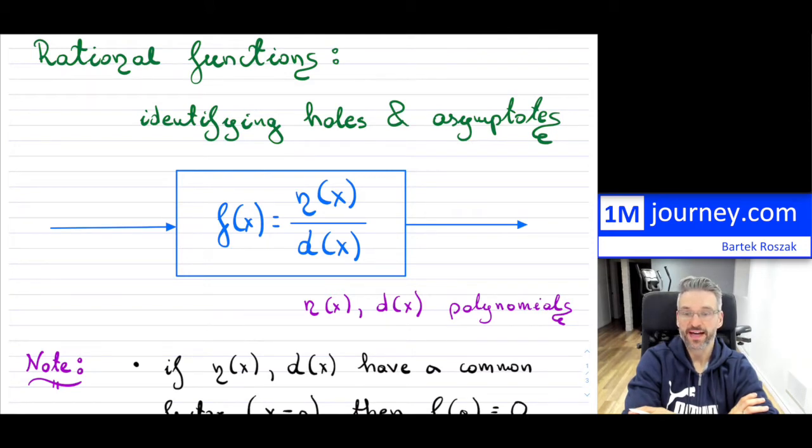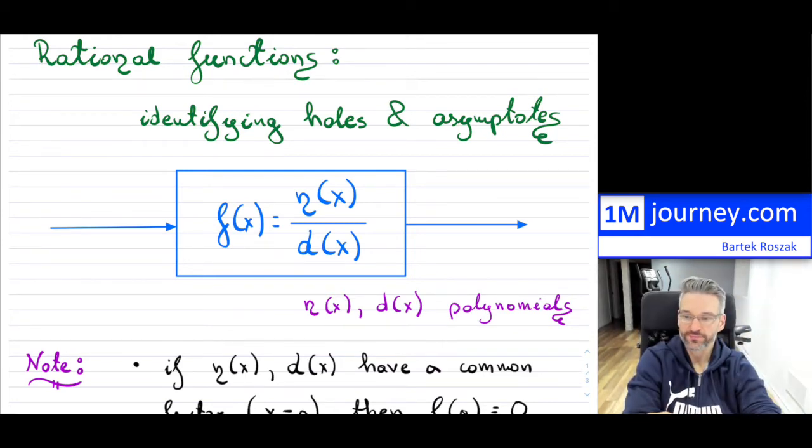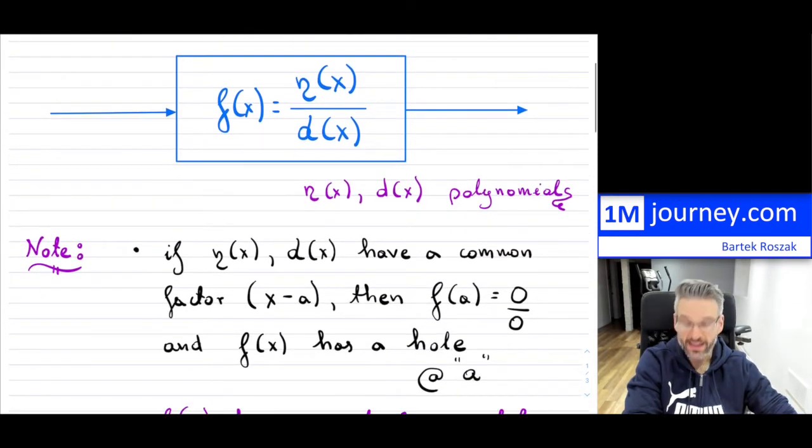We'll start with that, and then we'll knock off the asymptotes: vertical asymptotes, horizontal asymptotes, and then slant asymptotes. Those are lines which have some kind of slope that is not zero and not undefined, which would be vertical.